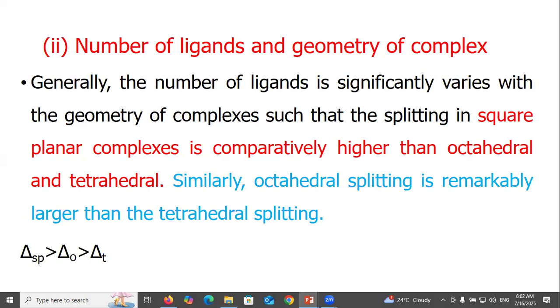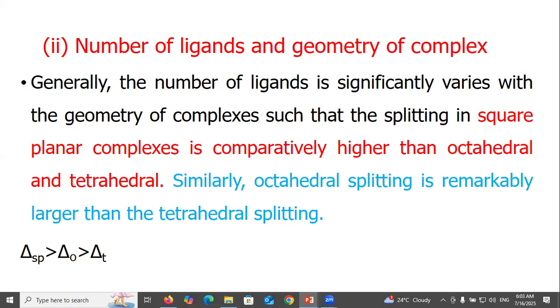Square planar has 4 ligands, yet the splitting is higher than octahedral.